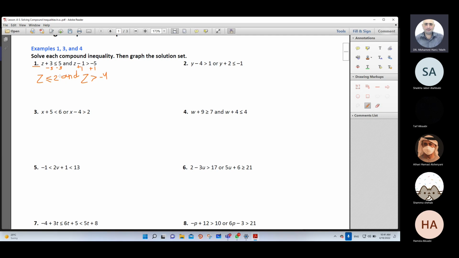Then after you solve the first inequality and the second inequality, you can write the set of the solutions. What is the variable here? Z. Z is between two values.